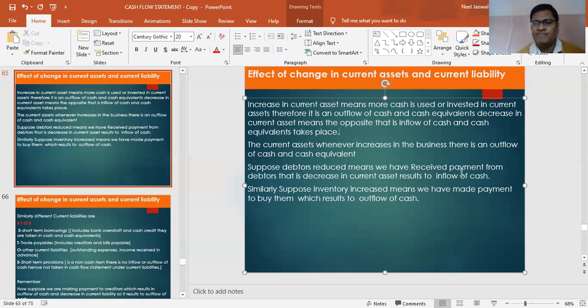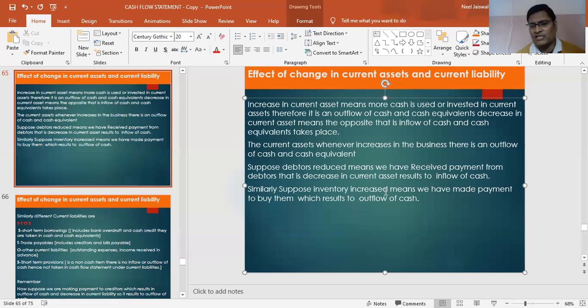Remember it. Similarly, suppose we have made a payment to buy inventories. Now it is an increase in current assets, excepting cash and cash equivalent I am talking about. Inventory has increased, and when increase in inventory takes place, then what is happening? Our cash is going out.